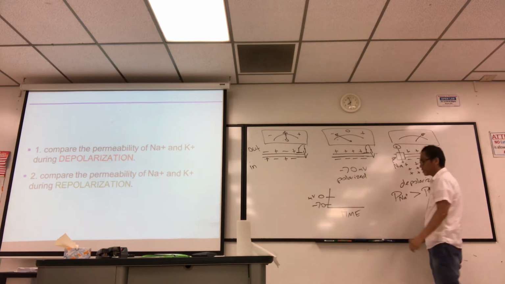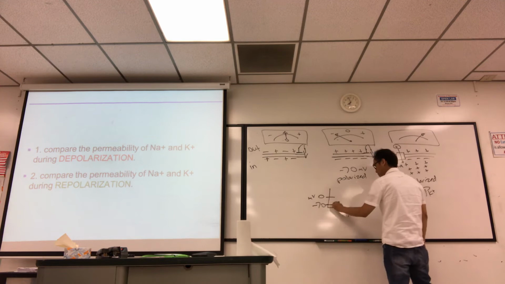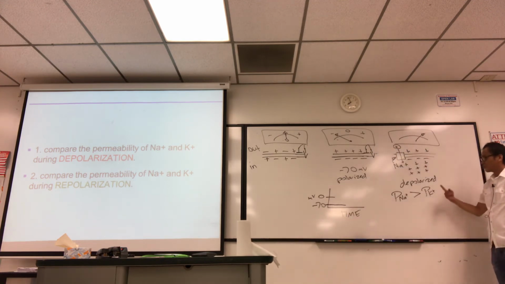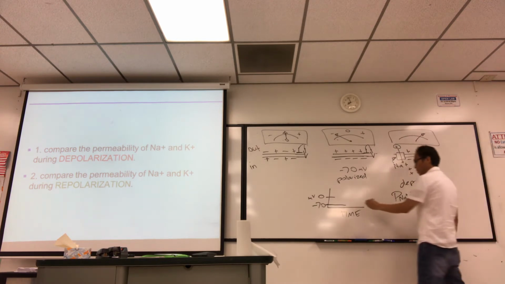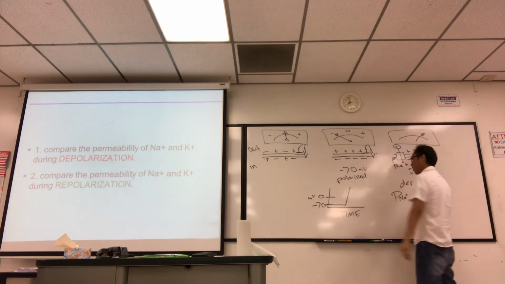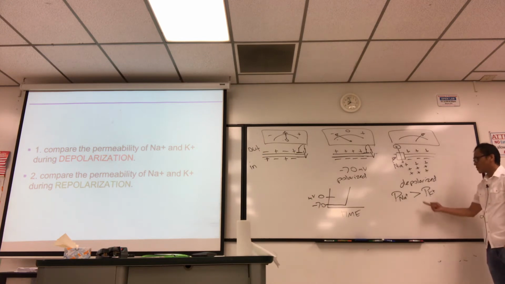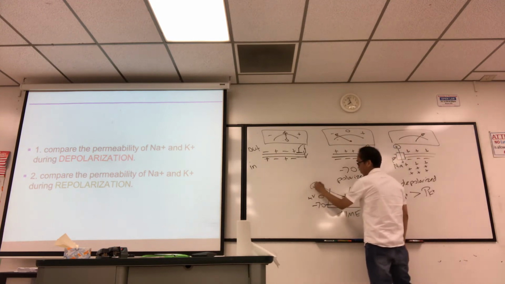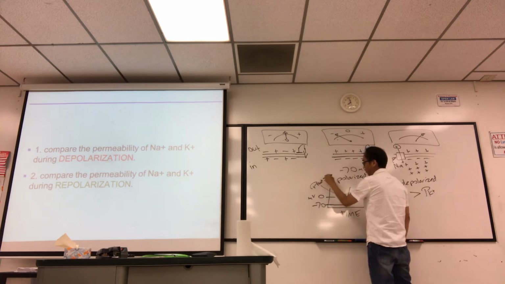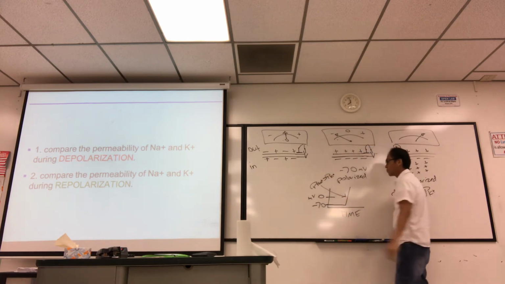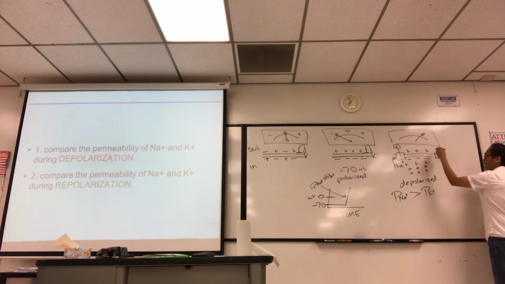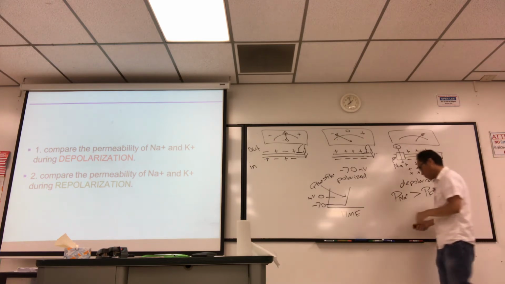If you're polarized at resting membrane potential, you're humming along at -70. And all of a sudden you're depolarized. You go like that. And so for that side, the permeability to sodium is greater than the permeability of potassium. And let's say that you have these voltage-gated potassium channels. I should use a different color.